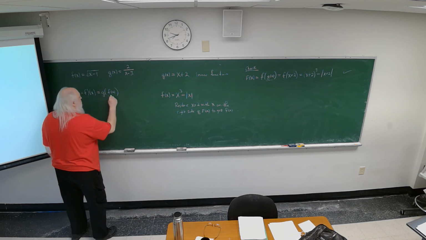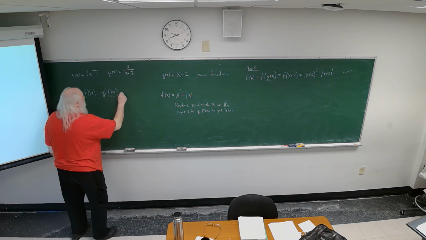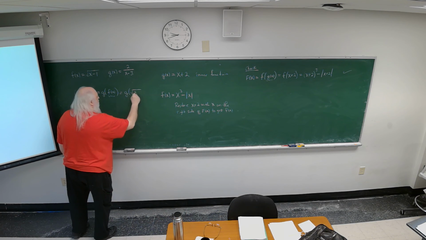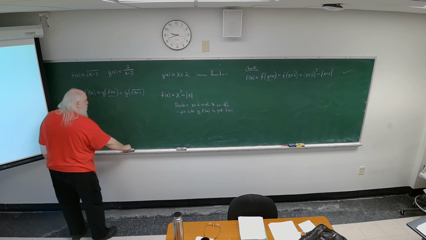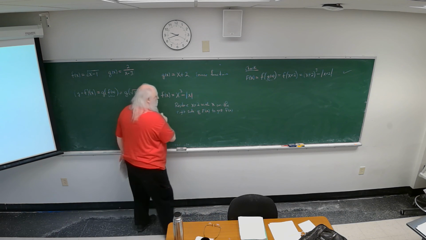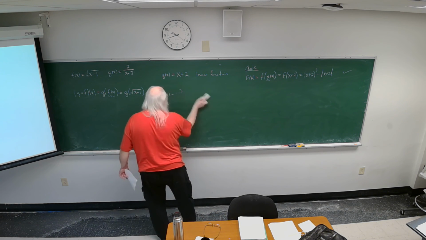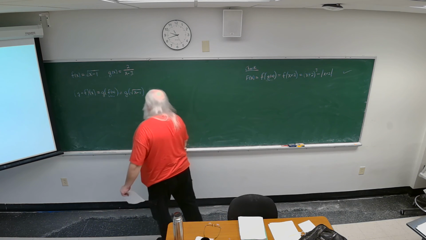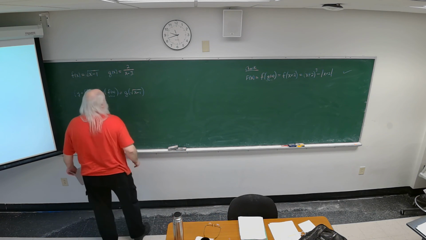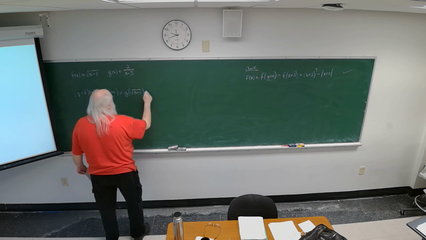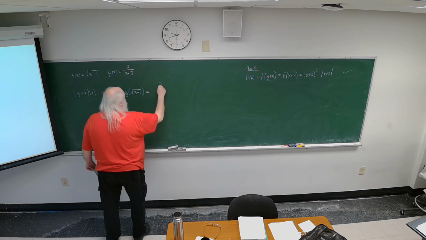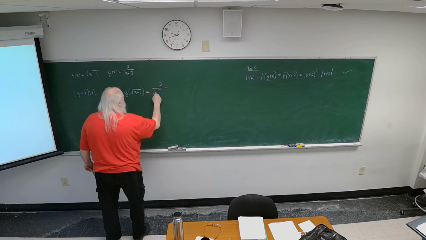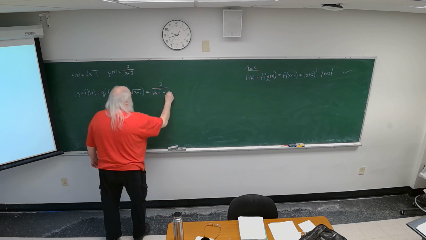Well, f of x is equal to the square root of x minus 1. What's g of the square root of x minus 1? It's equal to 2 over the square root of x minus 1, minus 3.